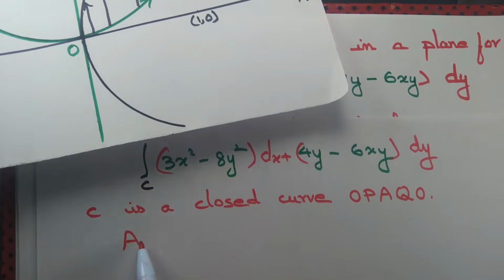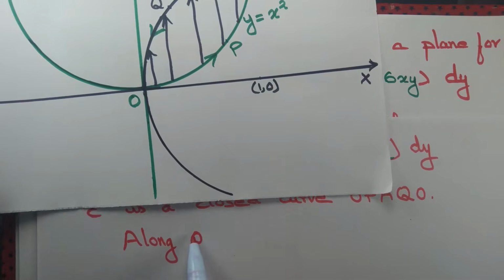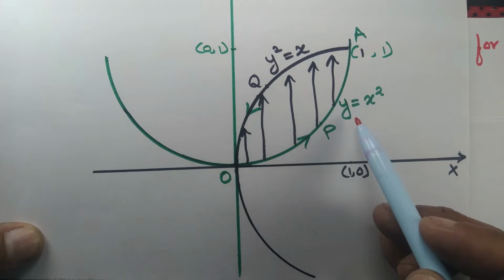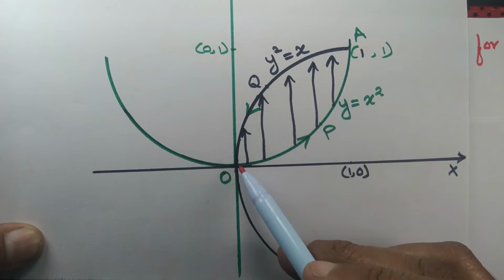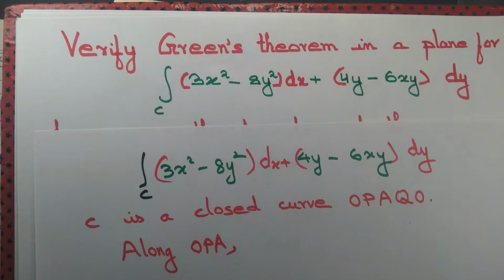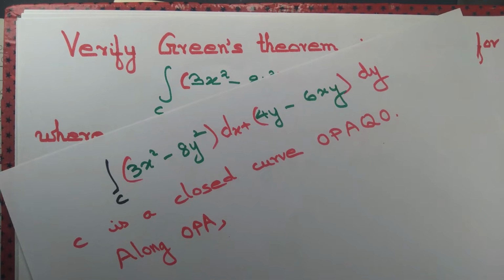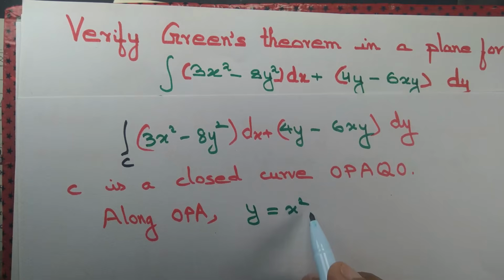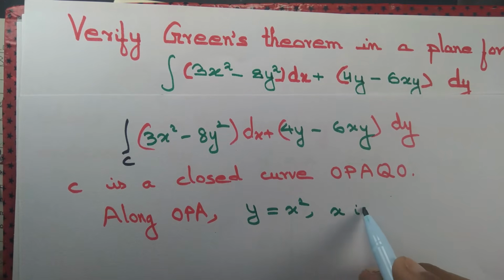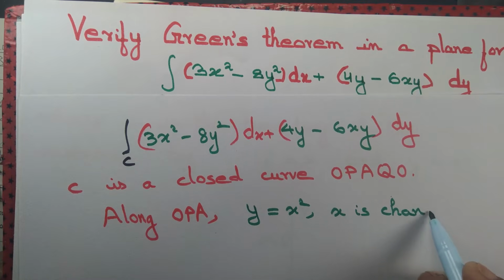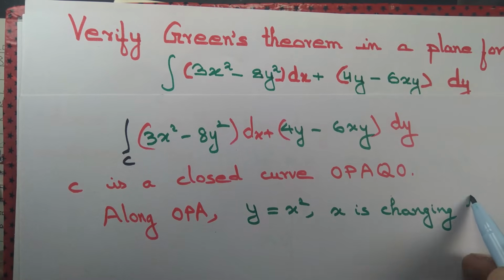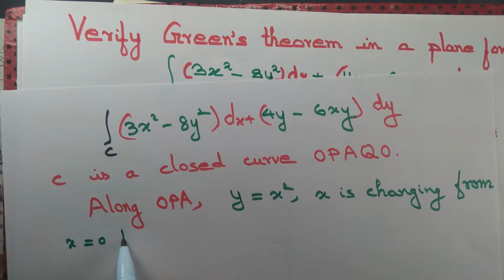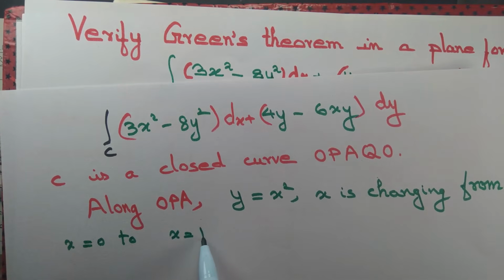Along OPA, we observe that y is equal to x square, and x is changing from x equal to 0 to x equal to 1.